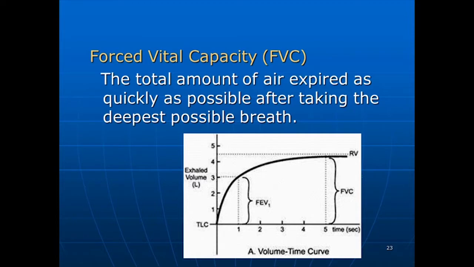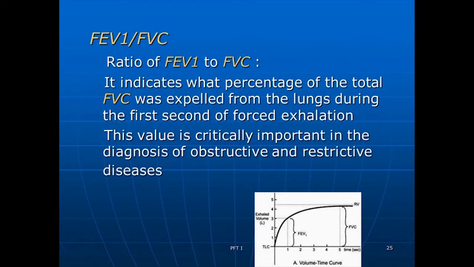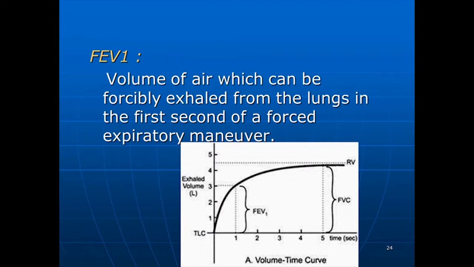We already talked about this. The forced vital capacity is the total amount of air expired as quickly as possible after taking the deepest breath possible, and this is usually done over a 6-second period. FEV1 is the volume of air which can be forcefully exhaled from the lungs in the first second of the forced expiratory maneuver.